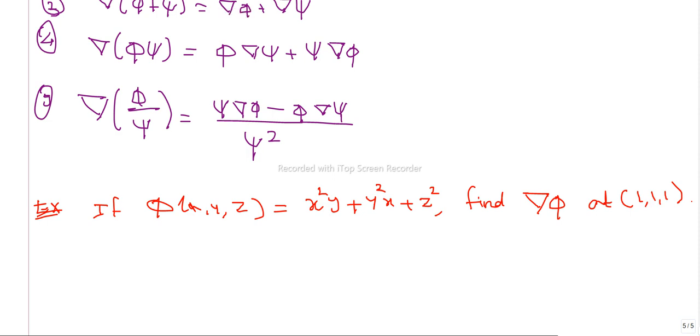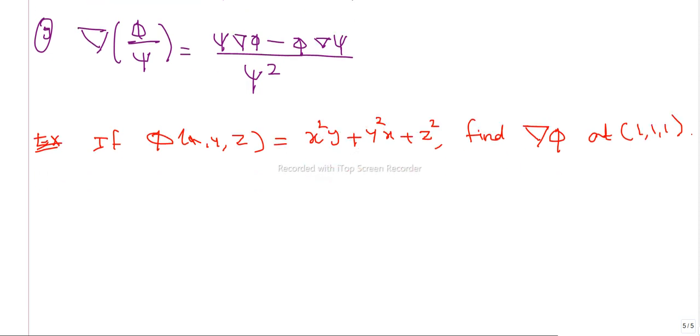So how to find that? You have to differentiate. Del π becomes a vector, though π is not a vector.